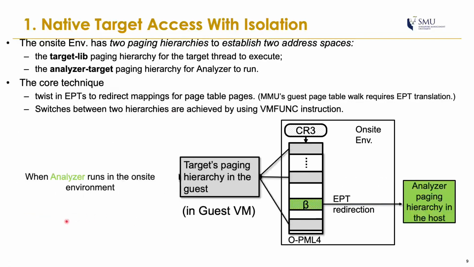When the analyzer runs, except for those entries occupied by the target memory, one unused entry in the root PML4 page is redirected in the EPT to point to the analyzer's paging hierarchy in the host. So a shared analyzer and target address space is established for the analyzer to execute, where the analyzer can have native access to the target memory to facilitate introspection. The switches between these two hierarchies are achieved by using the VMFUNC instruction.